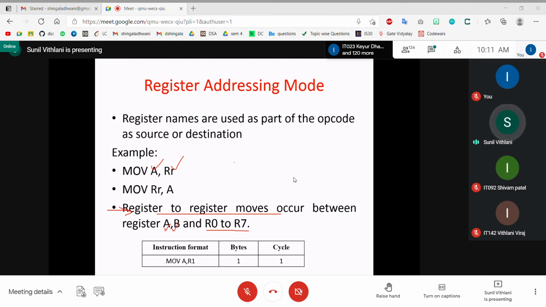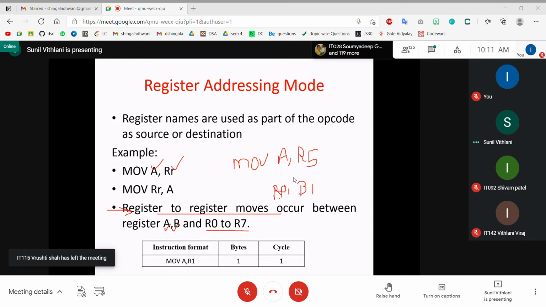Now my question is, let's say I have written move A, R5. We have 4 register banks: bank 0, bank 1, bank 2 and bank 3.